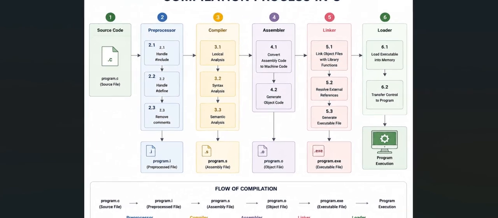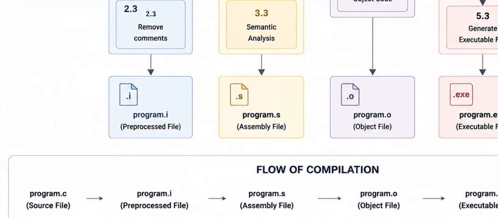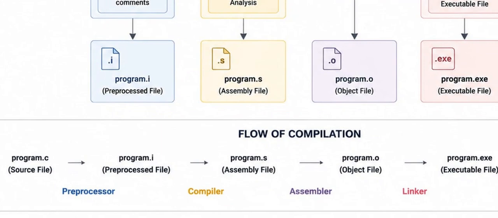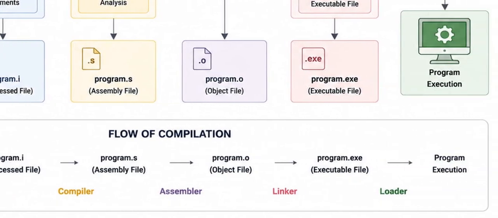You can see the flow of the compilation over here. Initially, the source code is present in a .c extension file. Next, the preprocessed file is created. With some modifications by the compiler, the assembly file is created with .s extension. With further modifications by the assembler, a .o extension file is created with the modified code. It is known as the object file.